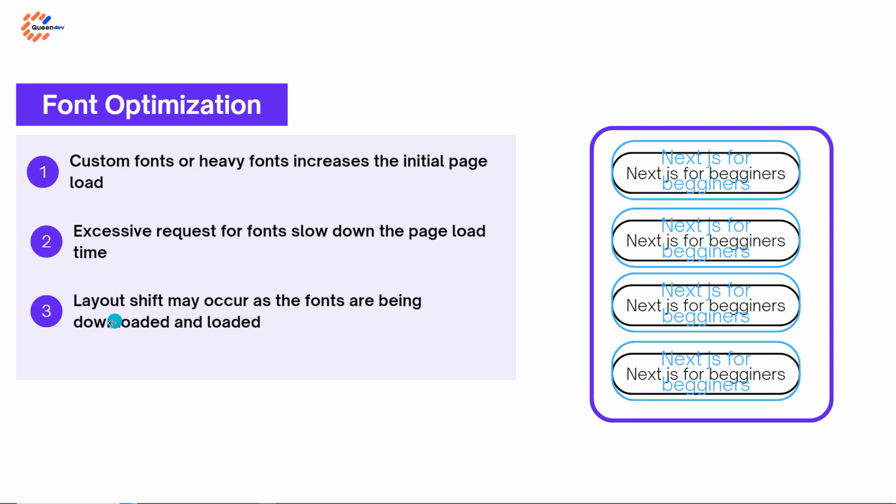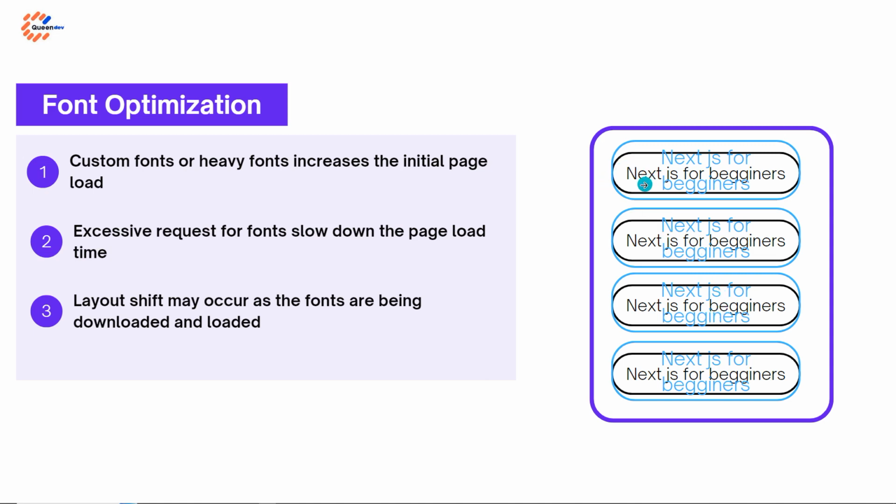Another problem that occurs with fonts is that layout shift may occur as the fonts are being downloaded and loaded onto our application. If you look on the right here, you see an example of a layout shift. When your fonts are being downloaded from an external source, they will not be displayed on the web page immediately, so the default system font or a fallback font is going to be used.